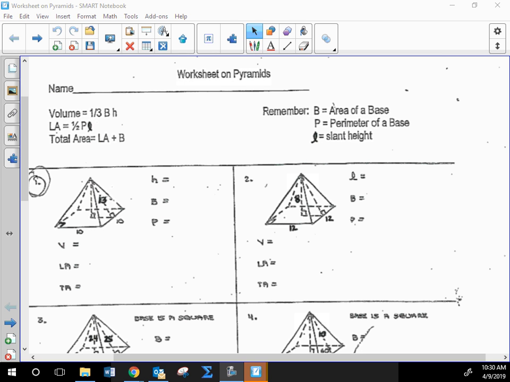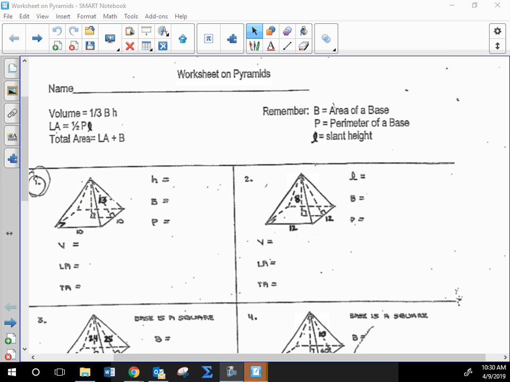What is that going to impact in terms of our formulas? The total surface area, because our total surface area would normally for a prism have 2 bases, but for a pyramid we only have 1. And then for volume, it does impact our volume because would our volume be more or less for a pyramid? Less.